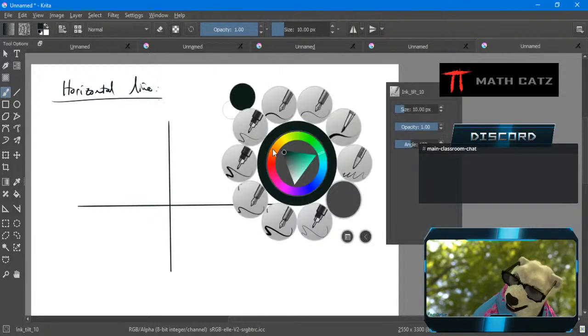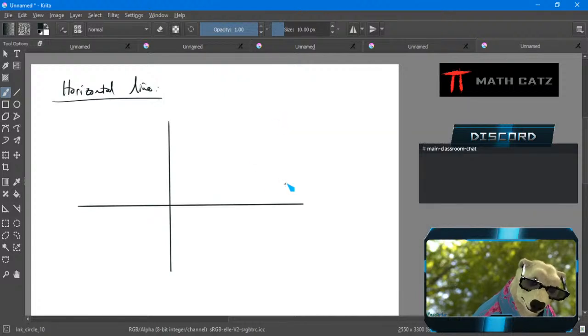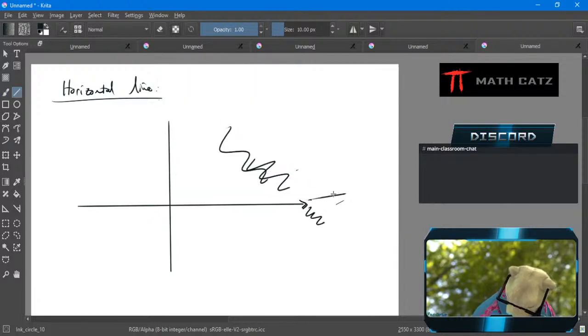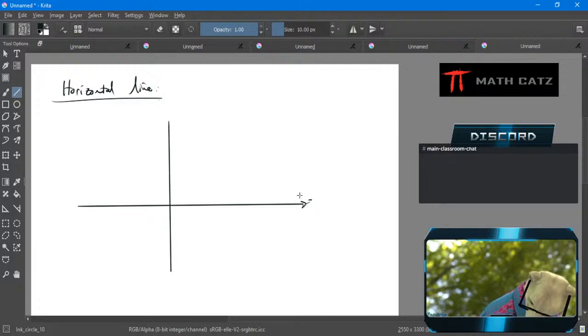That's not what I want to see. Come on, where's my pen? Did I accidentally change colors? No, I'm in black and everything. It was just very slow apparently. Wow, okay. Now it's back. Okay, good.